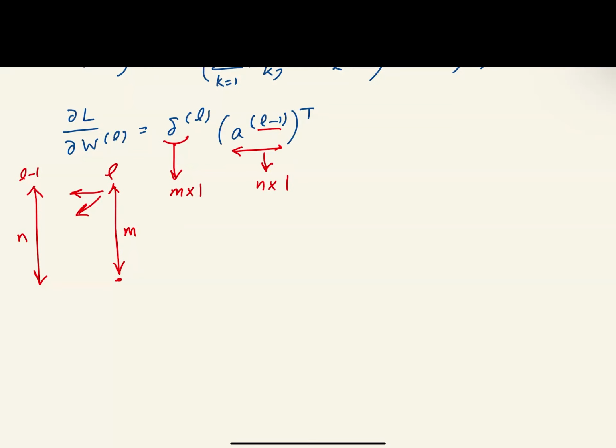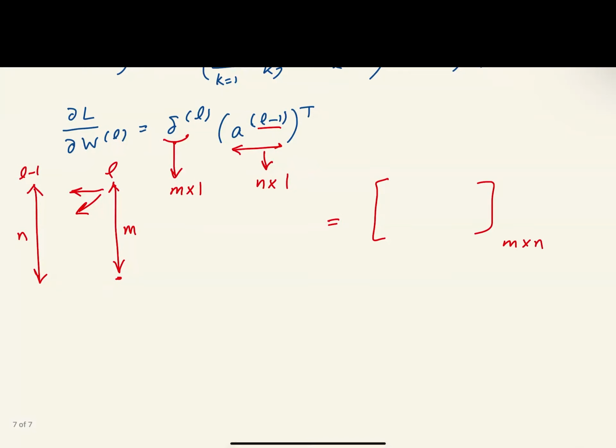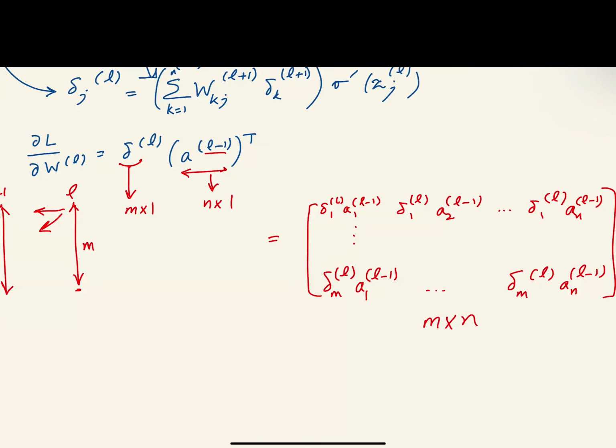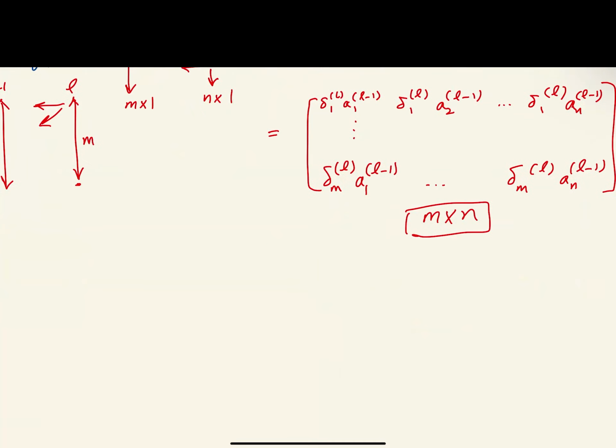So this multiplication here gives us an m by n matrix, which is basically a matrix with entries like this. This resultant m by n matrix has the exact same dimension as the weight matrix W at that layer, right?